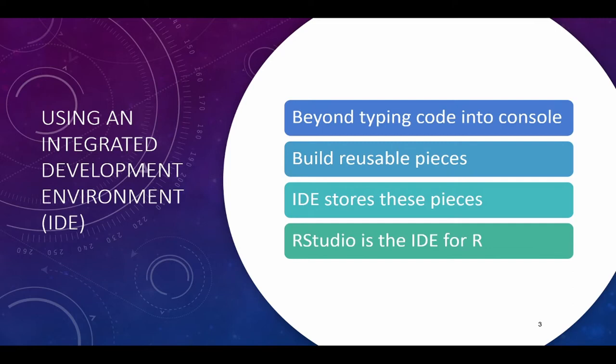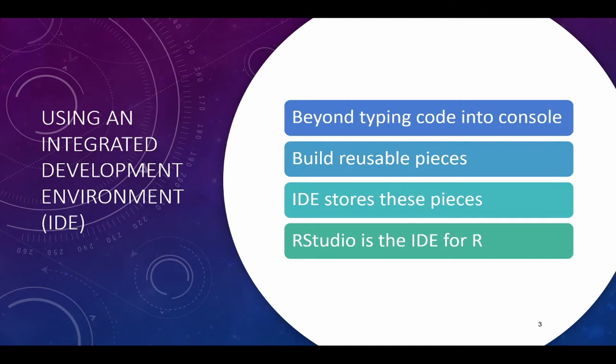An IDE is going to give the programmer an environment to go beyond typing those commands line by line. If we had to do every single data munging step line by line, it would take forever to get anything done. So an IDE is going to allow for saving of those commands to eliminate retyping, and it allows reusability. It's also going to eliminate some errors.